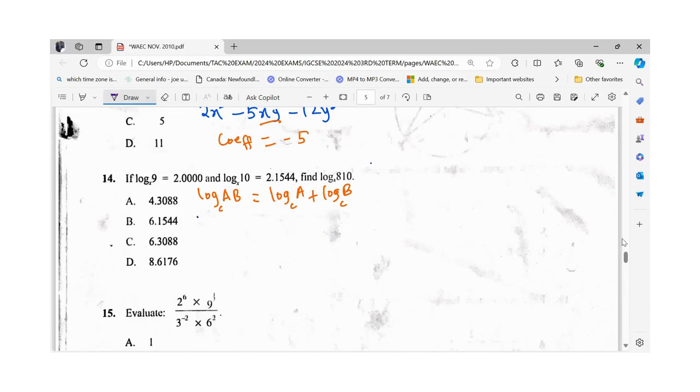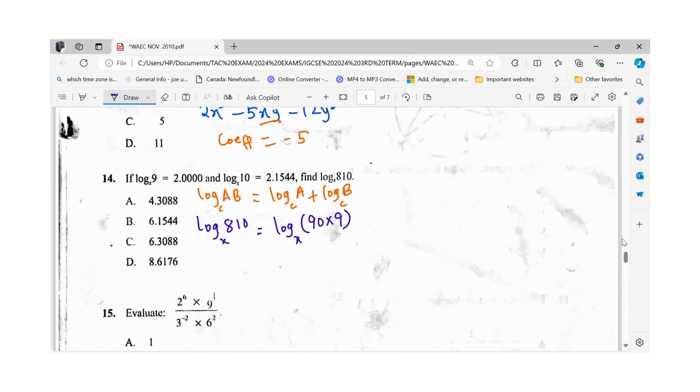So we now want to look at log 810 base x. It's going to give us log of 90 times 9. 90 times 9 is 810.